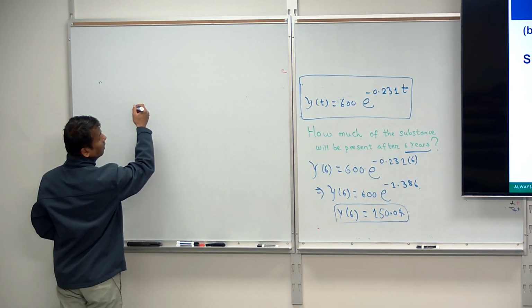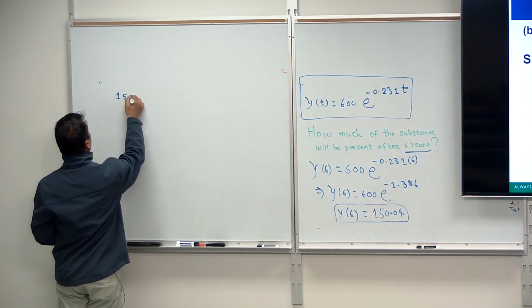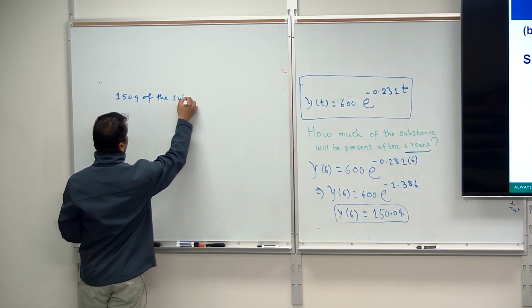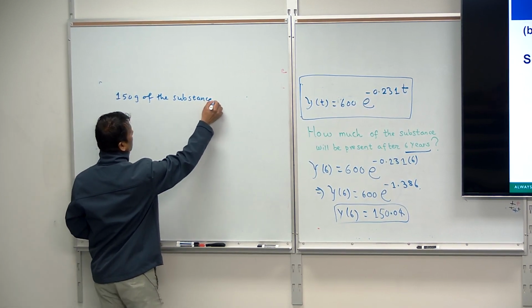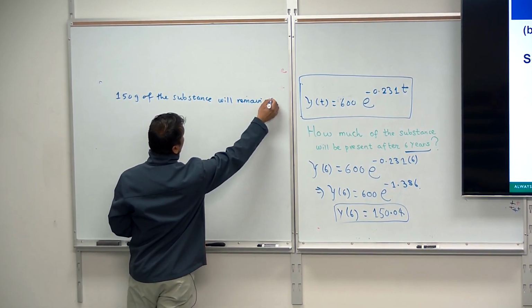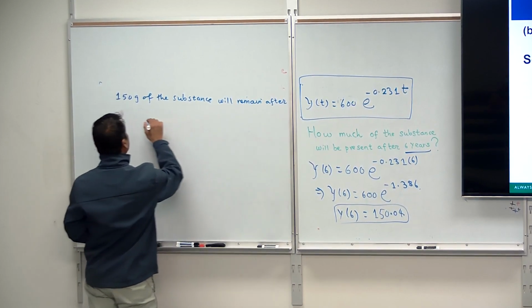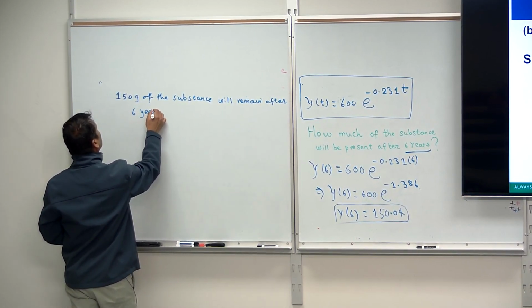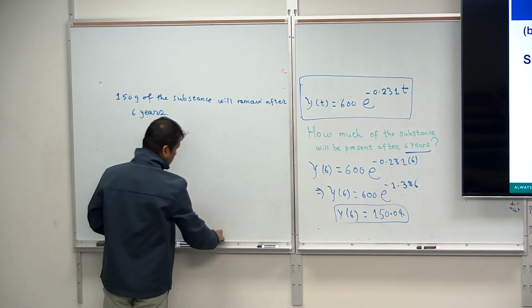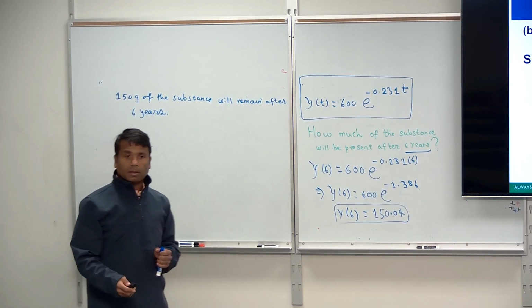So you can write down 150 grams of the substance will remain after 6 years. Makes sense, right?